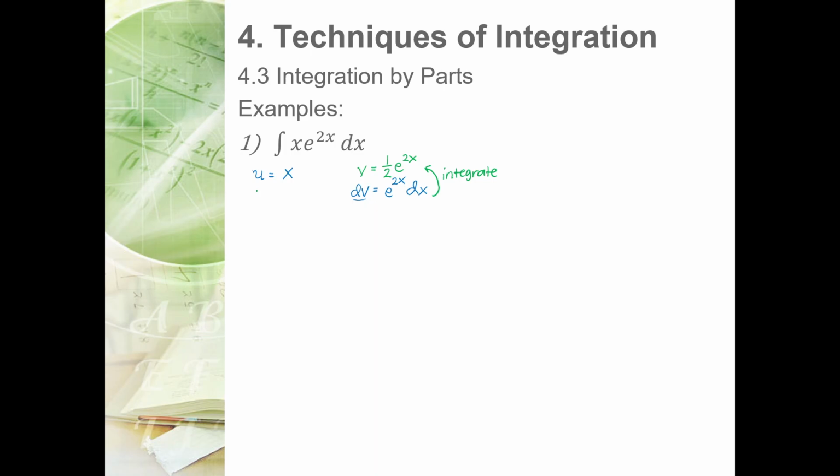Why do we need to derive? Why do we need to integrate? Because in the formula, let's write the formula. The integral of u dv is equivalent to uv minus the integral of v du. So we need the v du here, also for the u parameter here. That's why we need to derive and integrate your u and dv parameters.